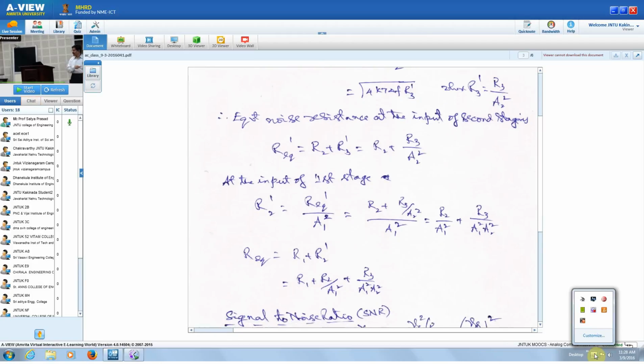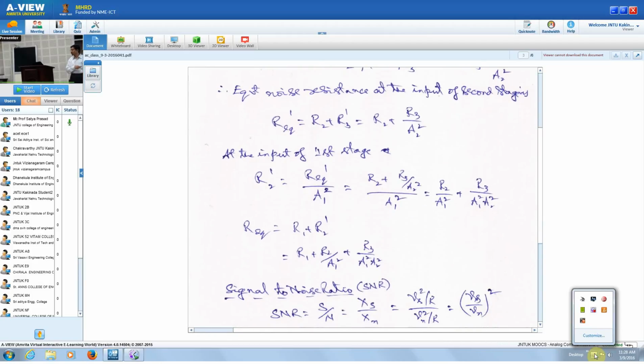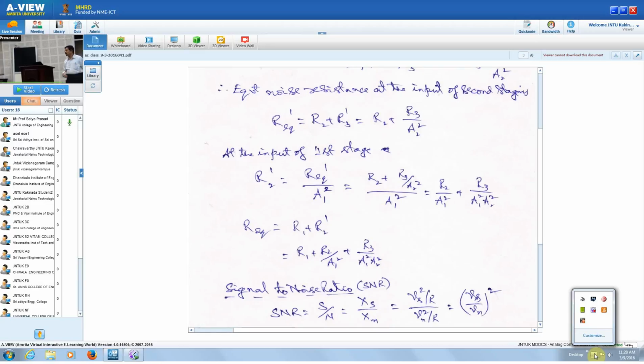Or the resistance reflected for R2 and R3 combined at the input of the first amplifier is R2 by A1 square plus R3 by A1 square into A2 square. And we have R1 as the input resistance for your circuit. Therefore, the total resistance R equivalent is R1 plus R2 prime, or R1 plus R2 by A1 square plus R3 by A1 square into A2 square.